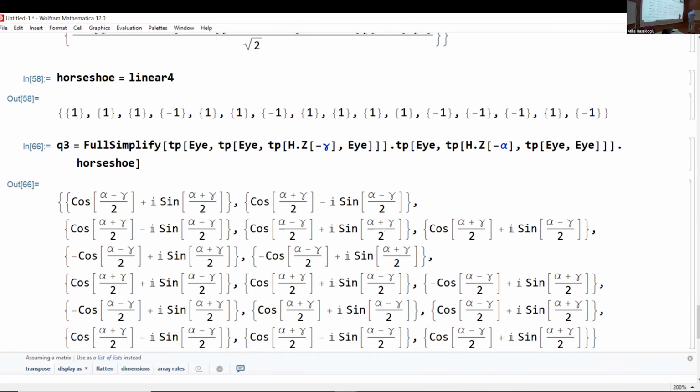Now I want to look at the elements when this outcome is 0 and when this outcome is 0. So if I label my states, first qubit 0, 0, 0, 0, 0, 0, 0, 0, 1, 0, 0, 1, 0, 0, 0, 1, 1, 0.